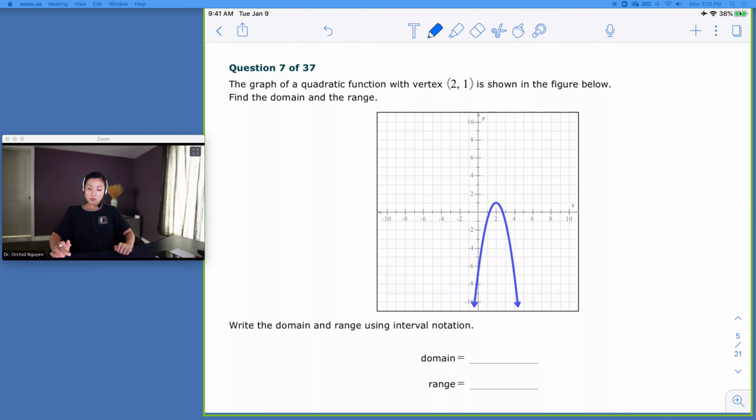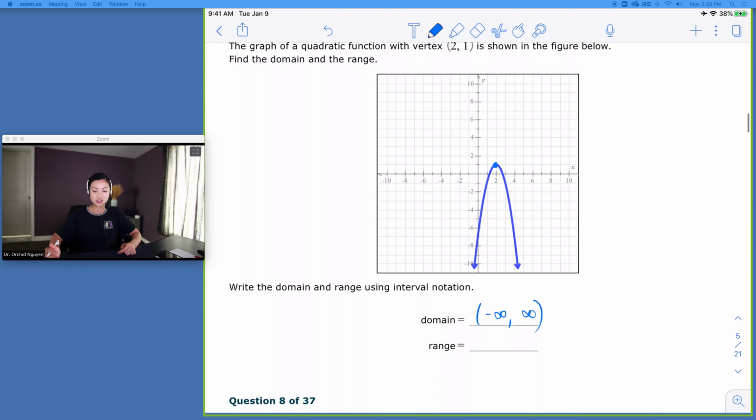Let's talk about the domain and the range. So you see that the vertex is right here. So for the domain, I told you before, we have to look left to right. For the range, bottom up. So you see that left to right, we go from here all the way to here. So you can see that the domain is negative infinity to positive infinity.